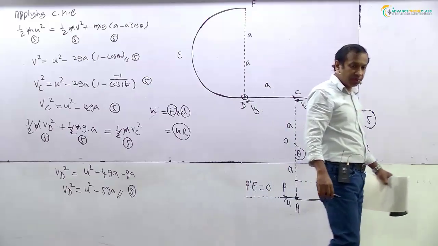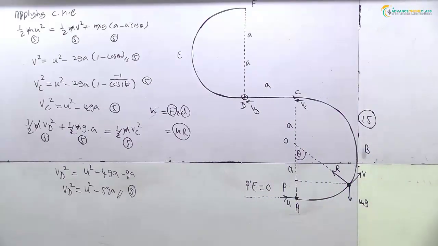Write it down like this: for the motion DEF of particle Q, let the potential energy zero level be the level DC.